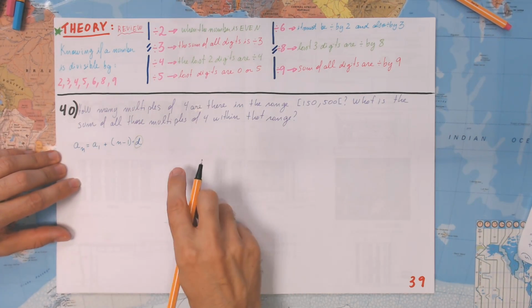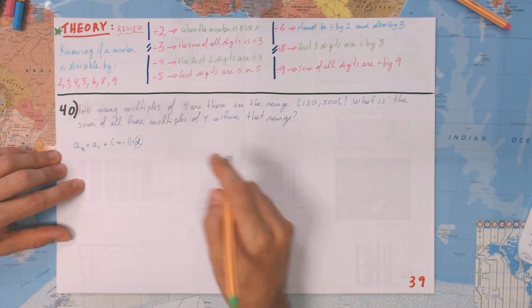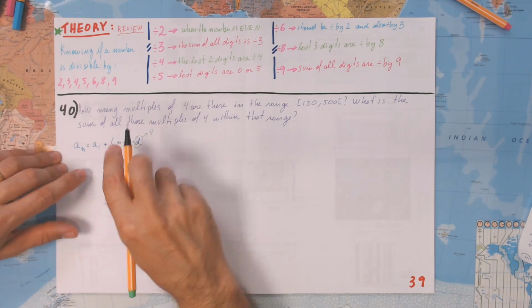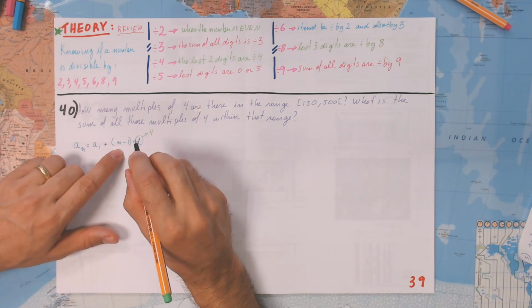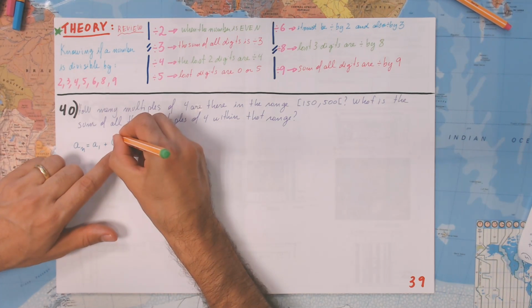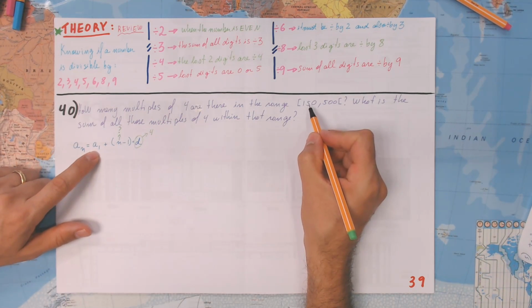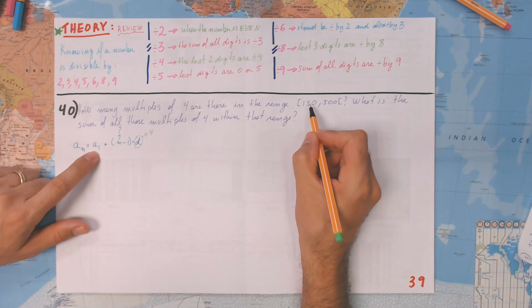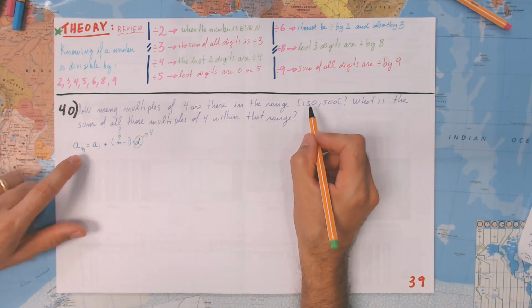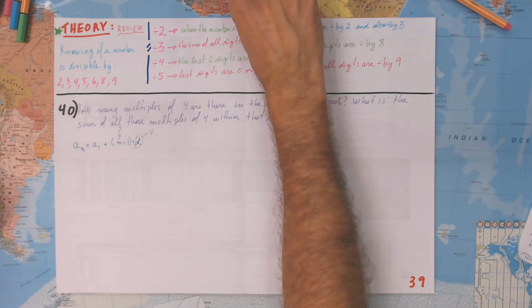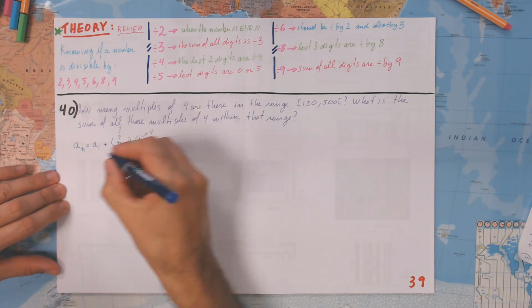Because we are going 4 by 4. N is what we are trying to find. A1, maybe it's 150. We have to see what this is. But now let's just find what is A1 and AN. Okay, so what is A1?